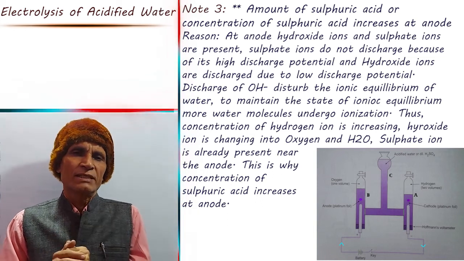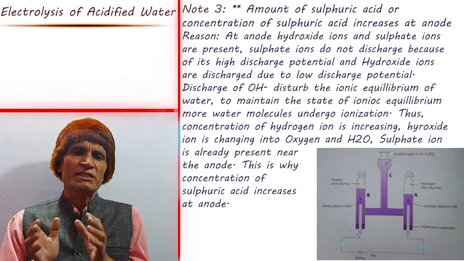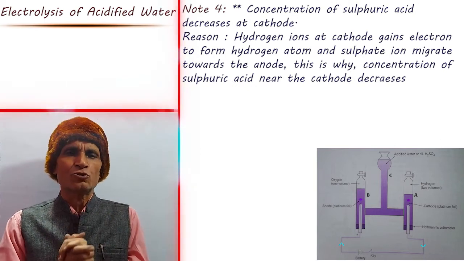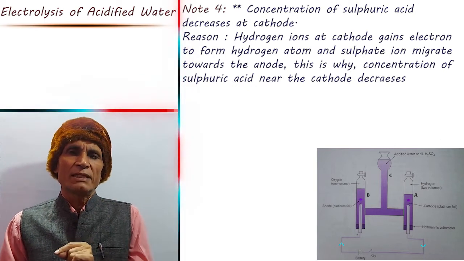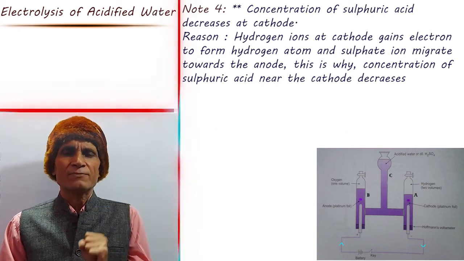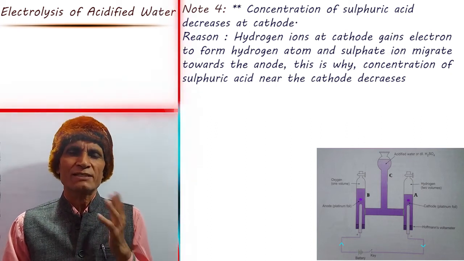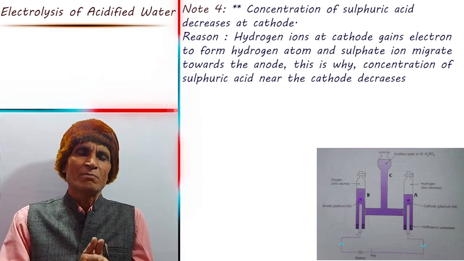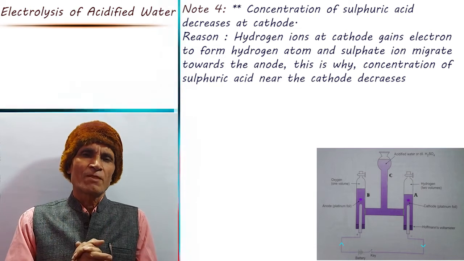Next point, the concentration or amount of sulfuric acid is decreasing near the cathode, because hydrogen ions at the cathode gain electrons from the cathode to form hydrogen atoms, and sulfate ions migrate towards the anode.